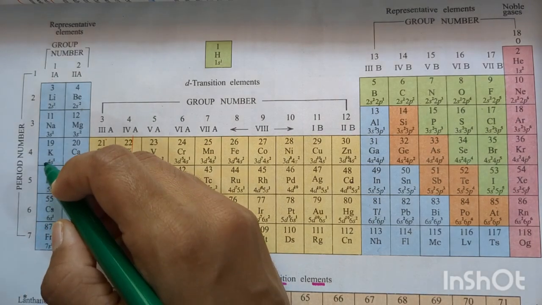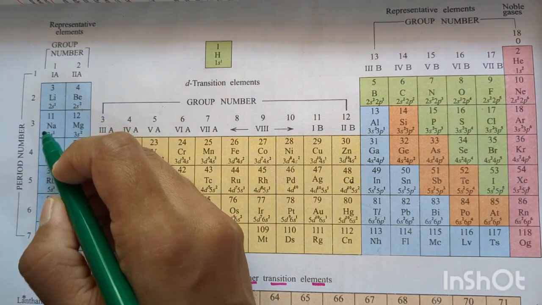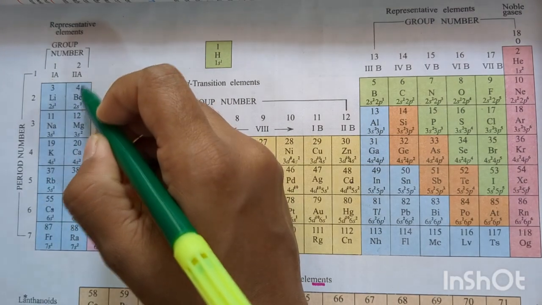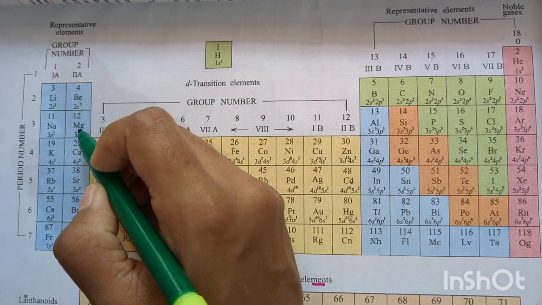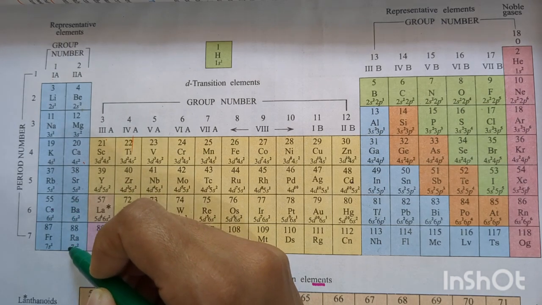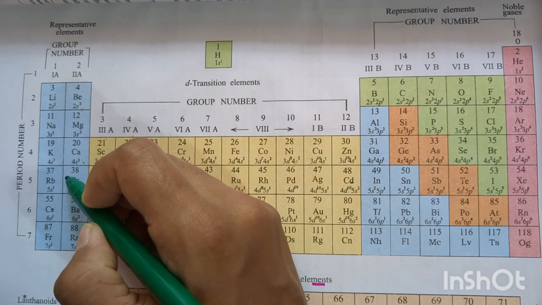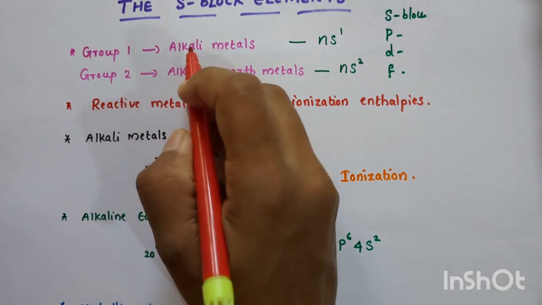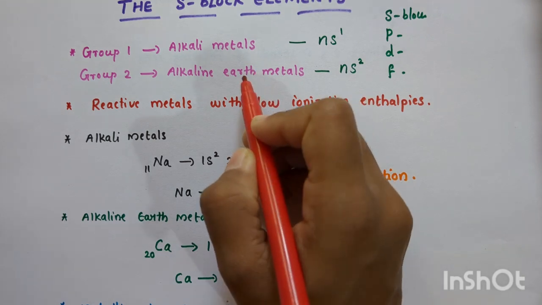That is, the elements in the S block are hydrogen, lithium, sodium, potassium, rubidium, cesium and francium, as well as the group 2 elements beryllium, magnesium, calcium, strontium, barium and radium.